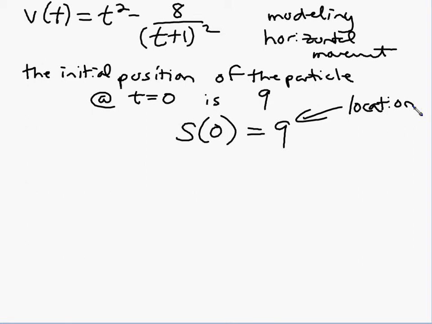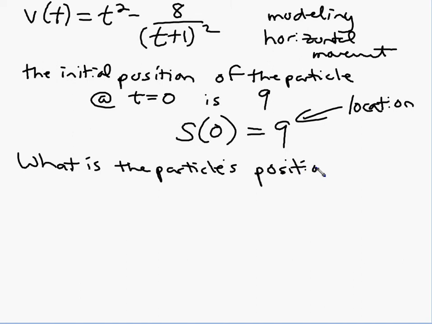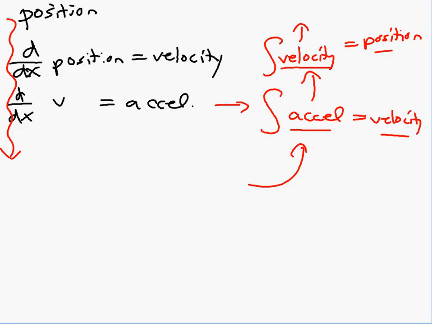So, what if we were asked, what is the particle's position at a time of 1 second and at a time of 5 seconds? Well, remember what we just learned. If I integrate velocity, I get position.